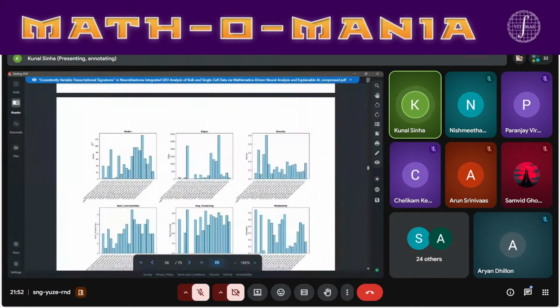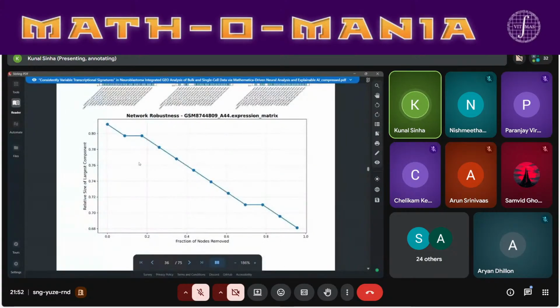Again, nodes, edges, density, communities, clustering, and modularity. Network robustness goes down as we increase the fraction of nodes removed. You don't need to get into this term. Just imagine you have a disconnected network. How big is the largest part of that network?